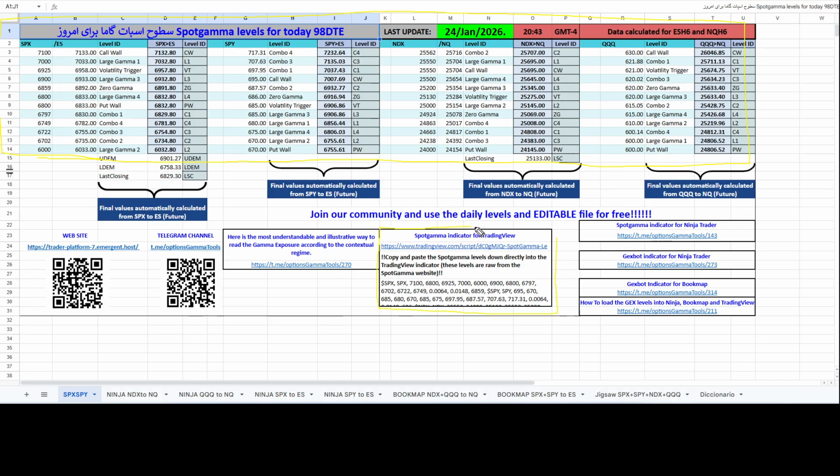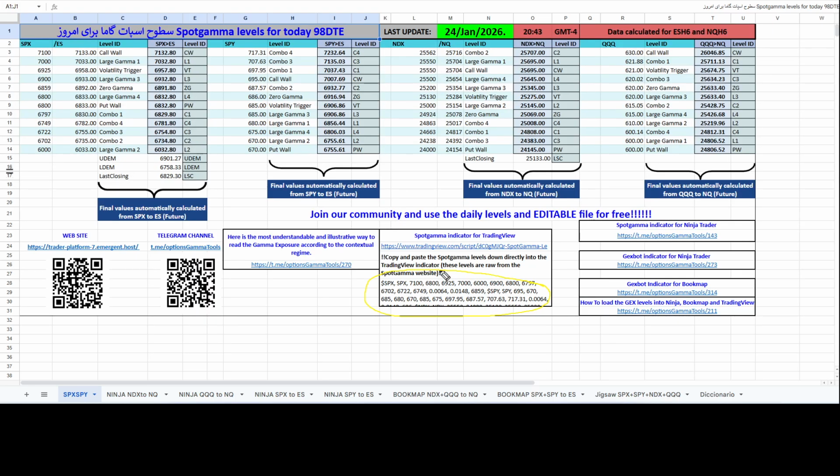This is passed for using in the TradingView platform. What you have to do is only copy this information and paste it in the TradingView platform.